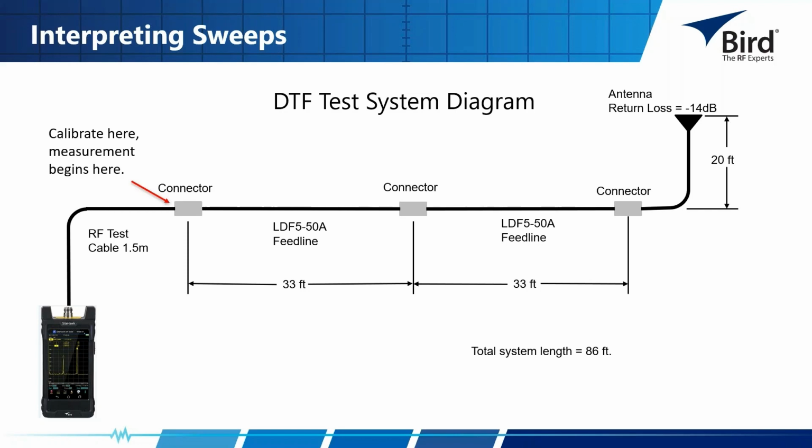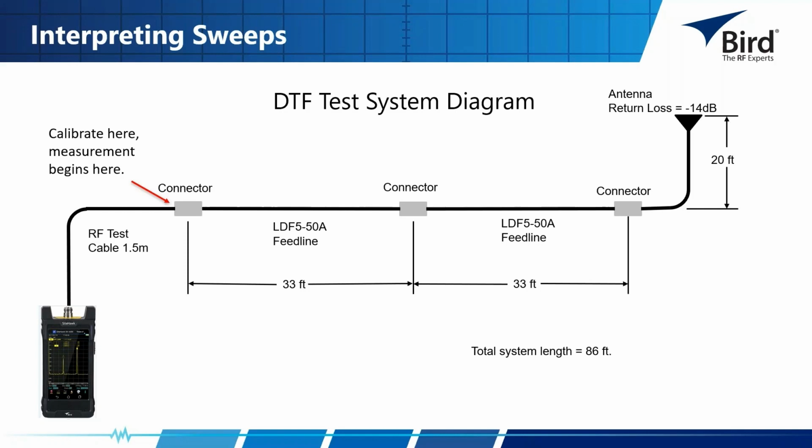And as you can see in the diagram, I have a couple of 33-foot lengths of LDF 5-50A feed line. They're joined together by a connector, and then out at the end, I have an antenna. It's a mag mount antenna and it has about 20 feet of pigtail on it. My total system length is 86 feet.